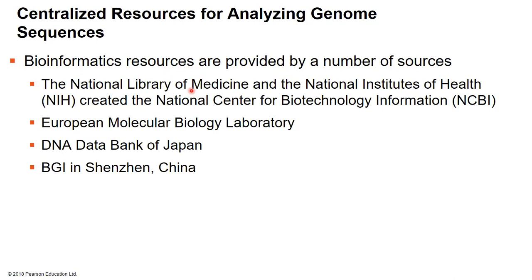So we have a number of famous databases. We have the National Library of Medicine and National Institutes of Health database, called NCBI. We have the EMBL databases, which is basically a European database. We have a database created by the Japanese and a database created by the Chinese.